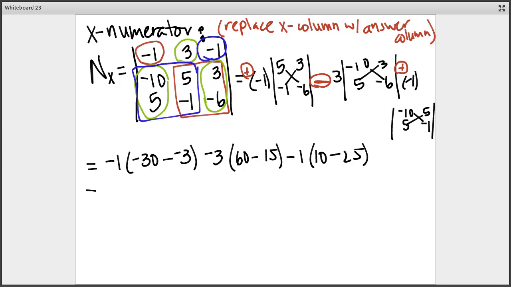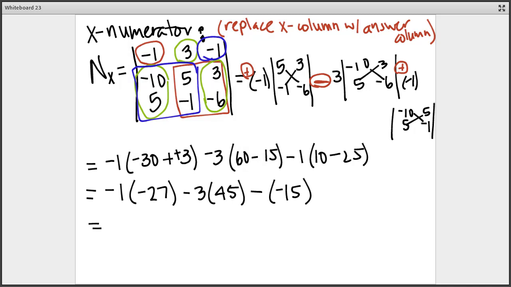And so that gives you negative 1 times, that's a negative 27, minus 3 times 45, minus negative 15. And when we simplify that, that will be 27 minus 135 and plus another 15, which becomes negative 93. This is your x numerator.